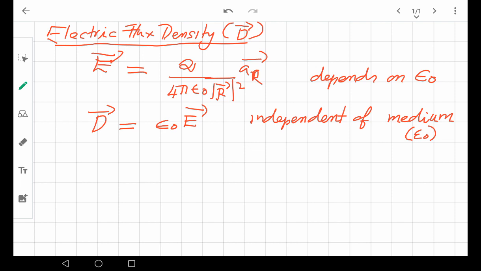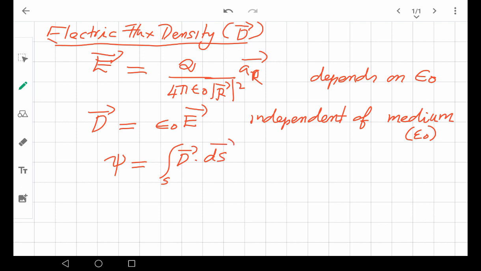Now you can think of an electric flux, which is the integral of the electric flux density. Electric flux is given by psi equal to the integral over a surface of D dot ds.